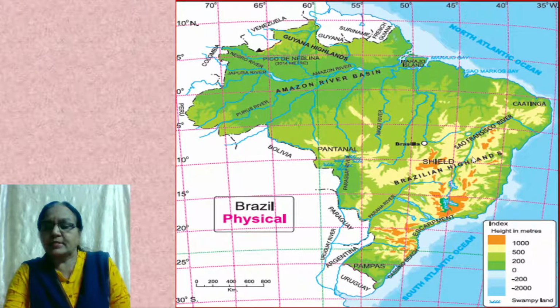This is the Brazilian Highland along the eastern part of Brazil. It is also called the Brazilian Plateau or even the Brazilian Shield. Then the São Francisco River. This is the only river which flows through the entire length of Brazil along the eastern part and opens into the North Atlantic Ocean.